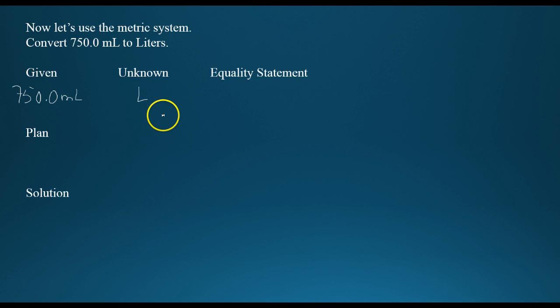Okay, now take a second, pause the video, and go to your prefix sheet, your conversion chart, and write down the equality statement between milliliters and liters. Okay, now that you're back, the equality statement: 1 milliliter is equal to 1 times 10 to the negative third liters.